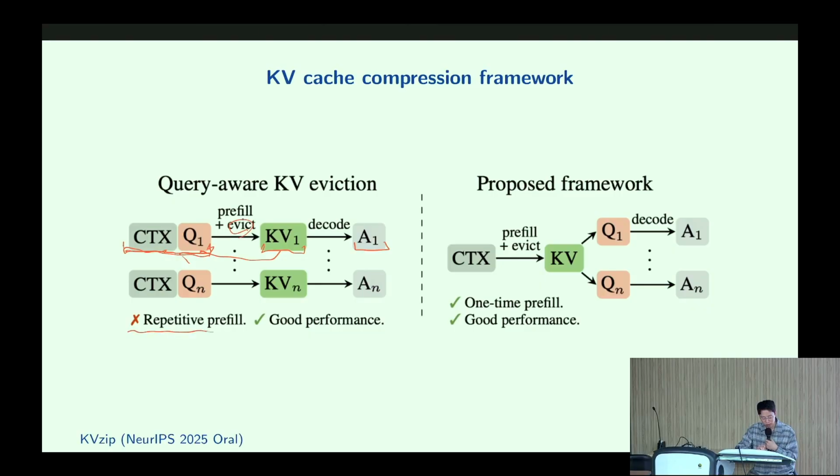You need to do repetitive prefill per query. That's going to be very slow. The proposed framework is to make it more practical. You want to only prefill once and evict once. So given an extremely large context, using the context only without looking at any queries, how do you prefill once, evict once, and come up with a lightweight KV cache that can serve many questions?